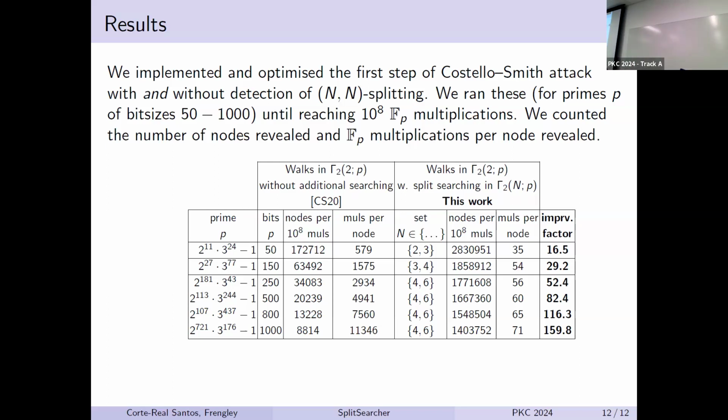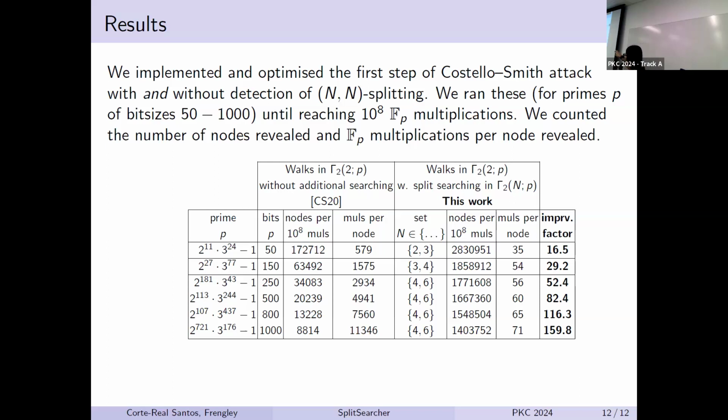For primes of around cryptographic size, so around 150 to 500 bits, we see an improvement of 30 to 80 times, which corresponds to maybe around 5 bits of improvement. And for the really large prime of 1000 bits, we see an improvement of 160 times. In this column, we give the optimal set that you pre-compute. For the larger primes, this set is always N equal to 4 and 6.